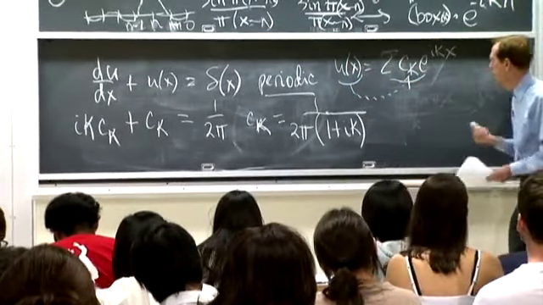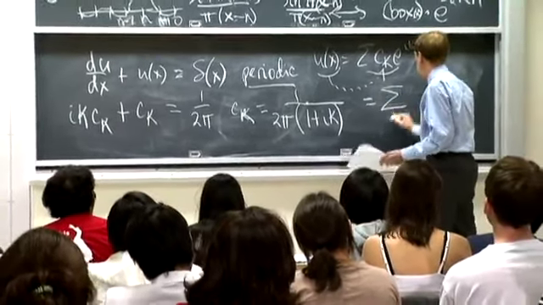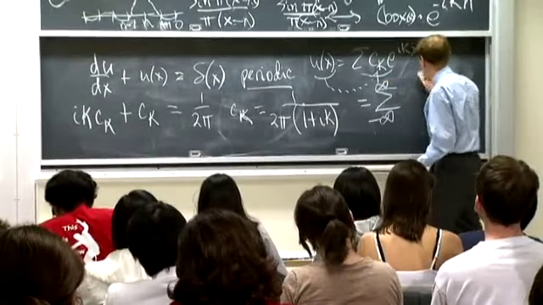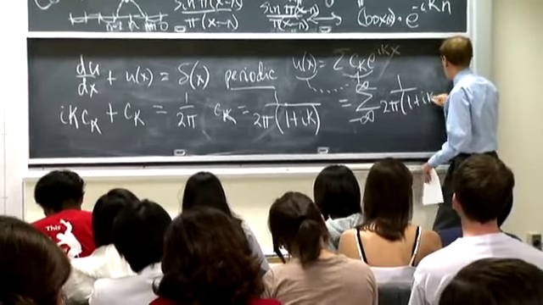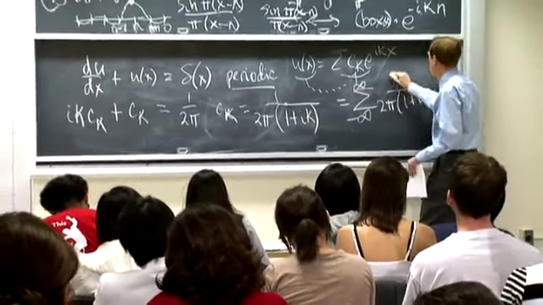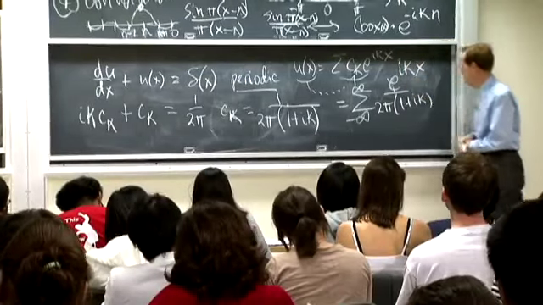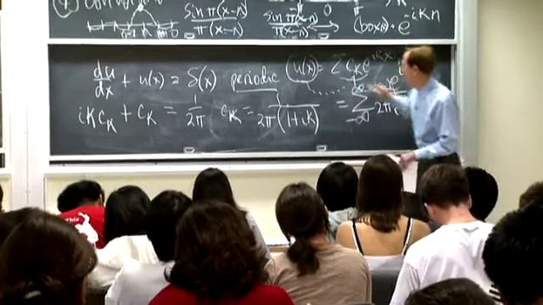And now, those are the ck's. So I think maybe this is it. Sum from minus infinity to infinity of 1 over 2 pi times 1 plus ik, times e to the ikx. That's my u of x, I think.